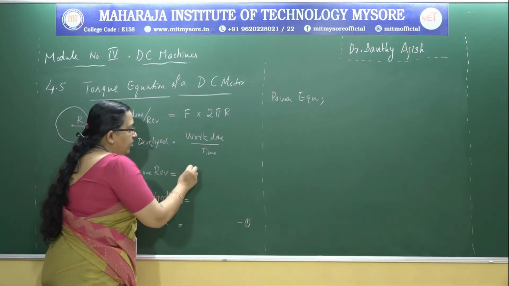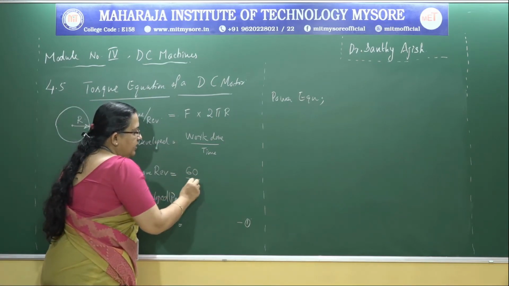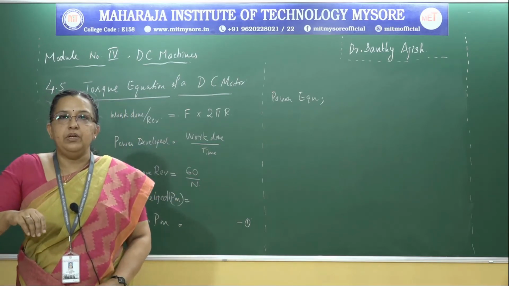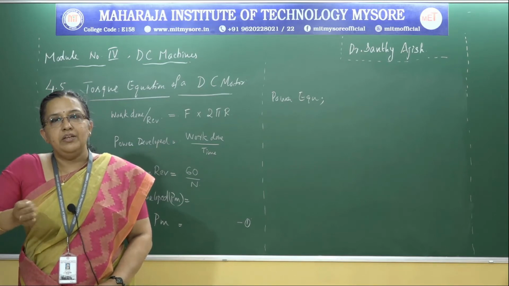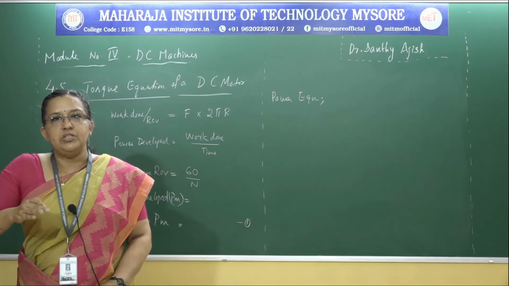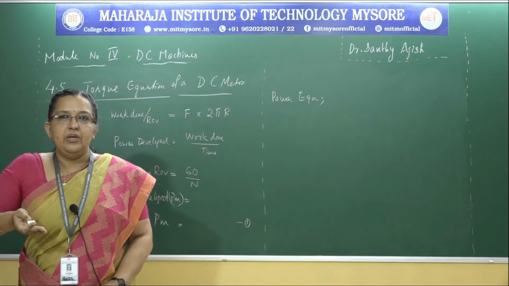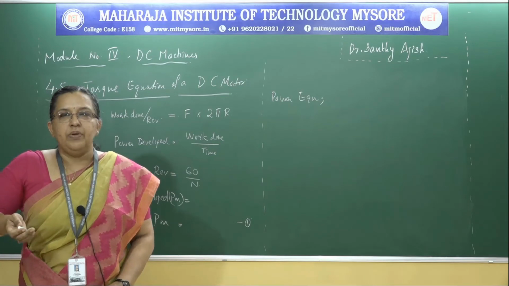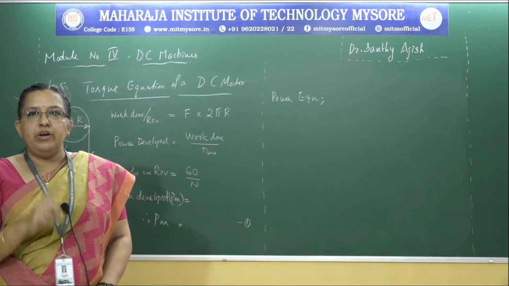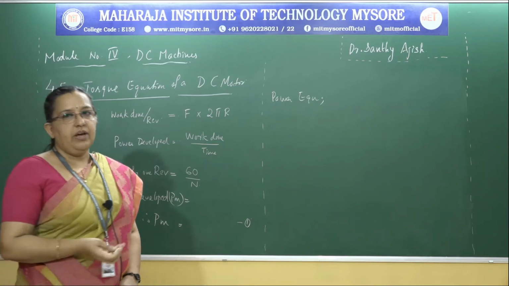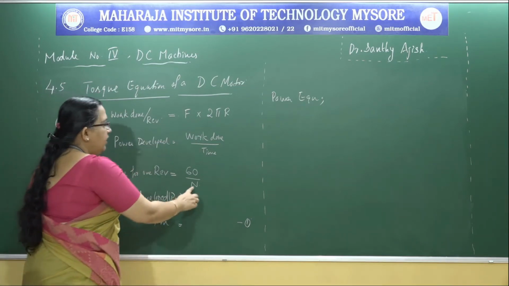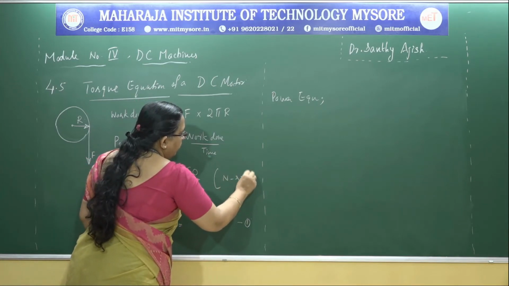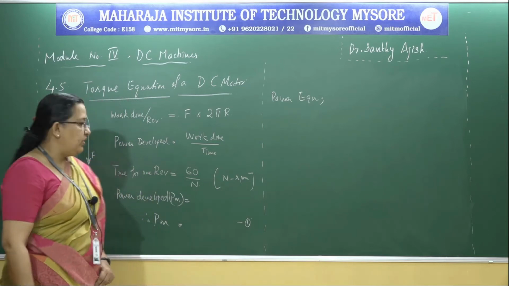When you convert RPM into per second, it will be divided by 60. Revolutions per minute is N, so revolutions per second will be N divided by 60, or the time required for one revolution is 60 divided by N, where N is the RPM or the speed of rotation.